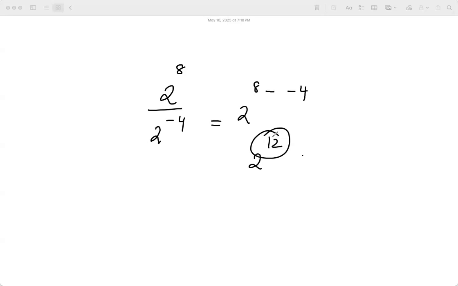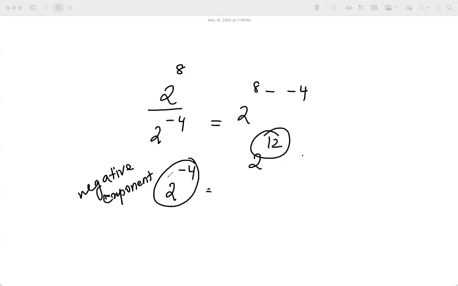Do you know what 2 power of minus 4 is? It's a negative exponent, right? Negative exponent means you want to change it to a positive exponent. 2 power of minus 4 by 1, right? If you want to change it to a positive exponent, you can put it in this form.